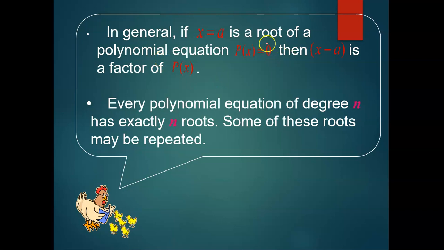So in general, if x equals a is a root of the polynomial equation p(x) equals 0, then x minus a is a factor of p(x), or if x minus a is a factor of p(x), then x equals a is the root. Every polynomial equation of degree n has exactly n roots. Some of these roots may be repeated. For example, if you have f(x) equals ax squared plus bx plus c, the highest degree in this polynomial is 2.